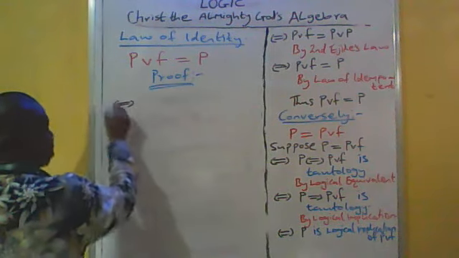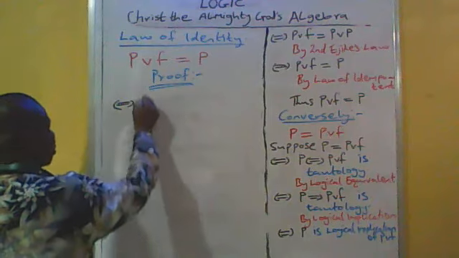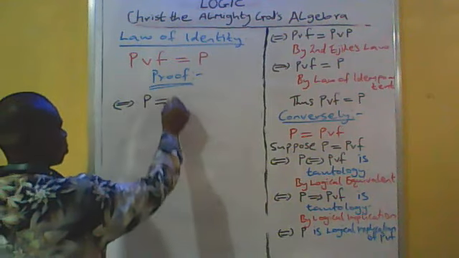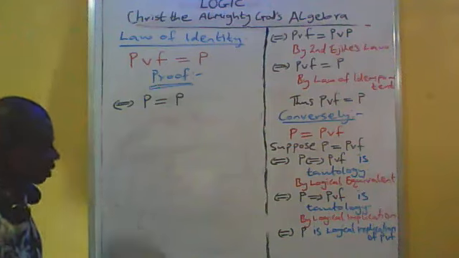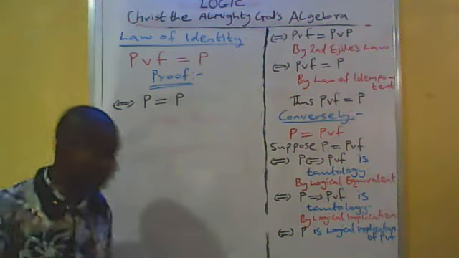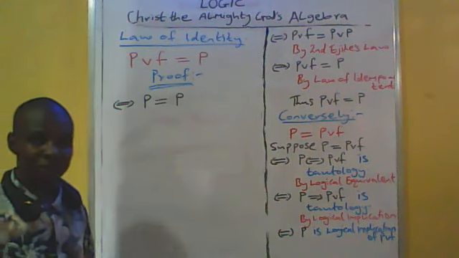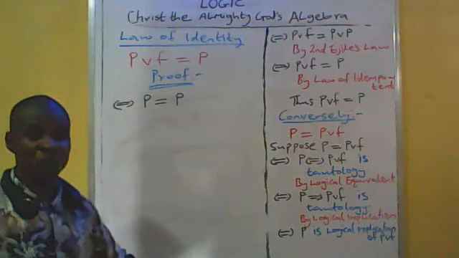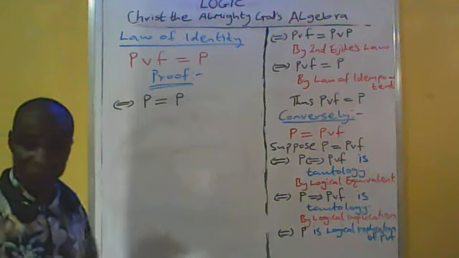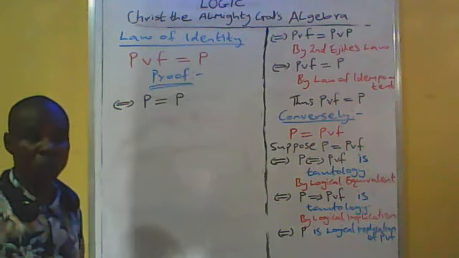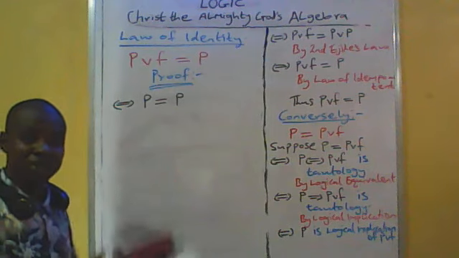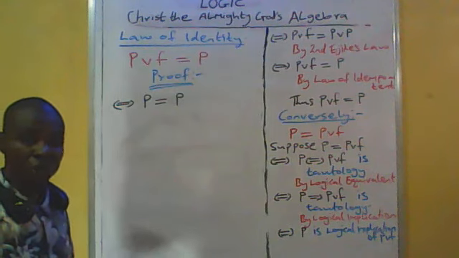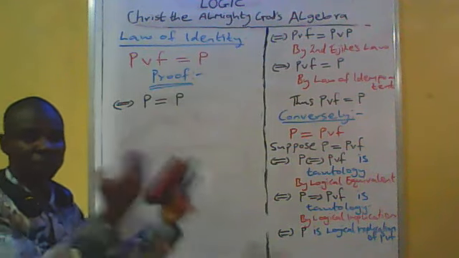If and only if P is equal to P. That means the logical implication, P is equal to itself. That means it's logical equivalent that P is equal to P, in the sense that whenever the left hand side of P is true, the right side of P is also true.